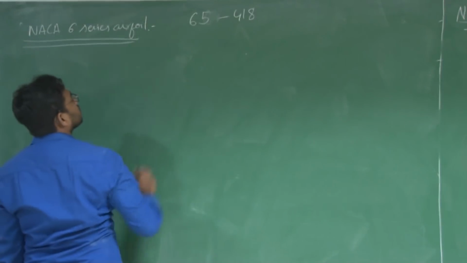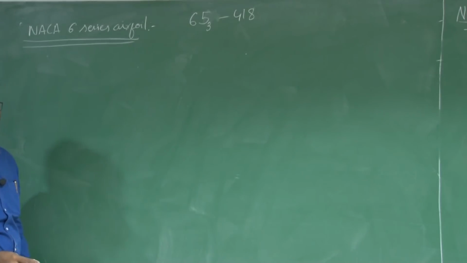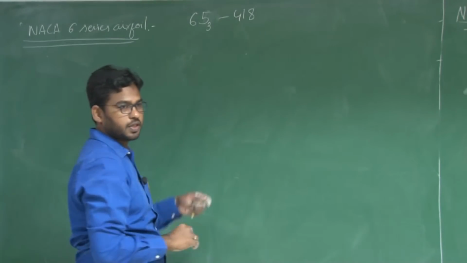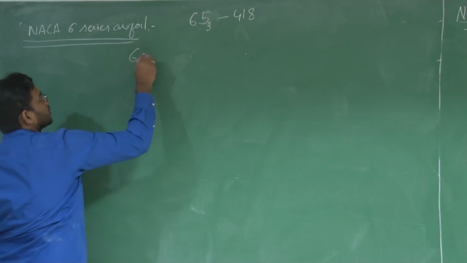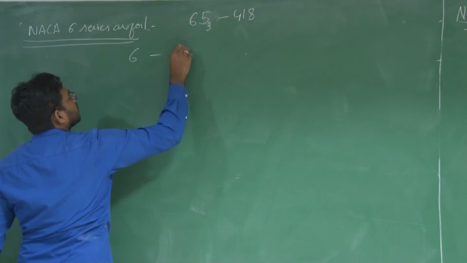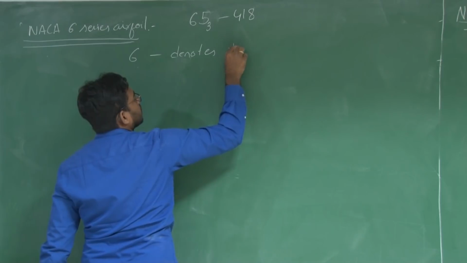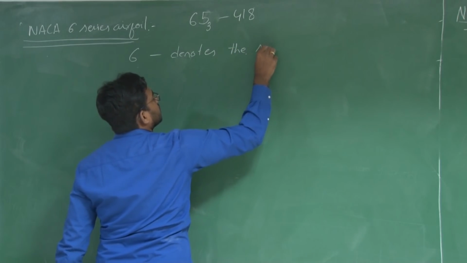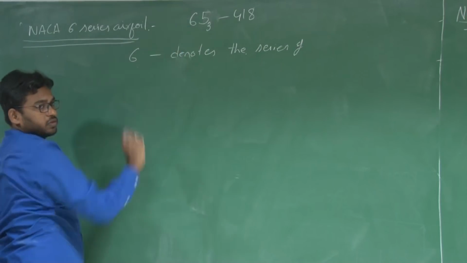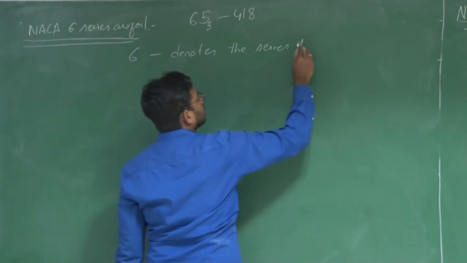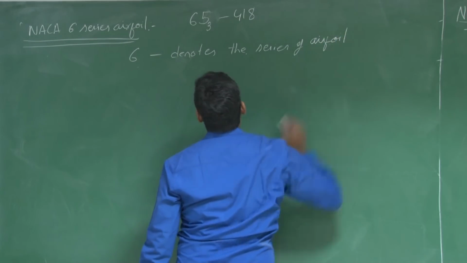You also find some other digit as a subscript for this kind of airfoil. So let us see what is the significance of the subscript here. Now the first digit 6 simply denotes the series of airfoil. That means this airfoil belongs to the 6 series, right?